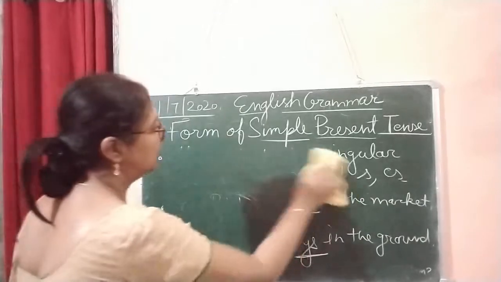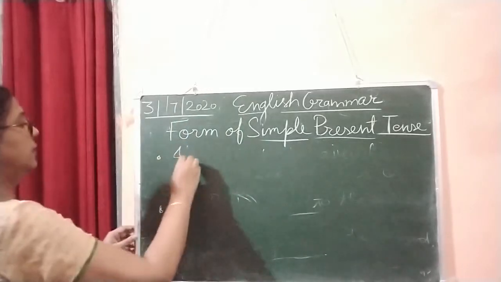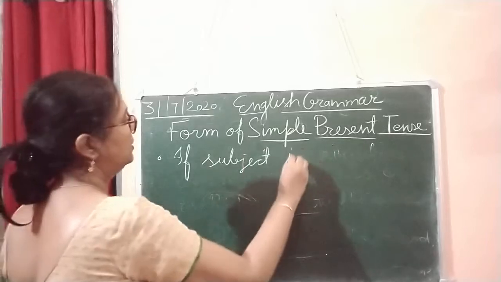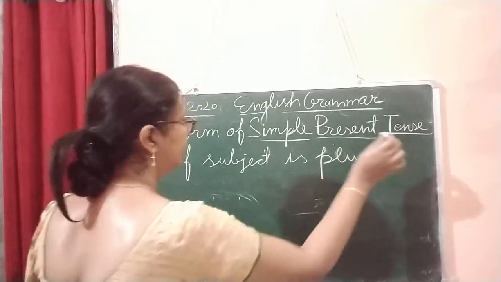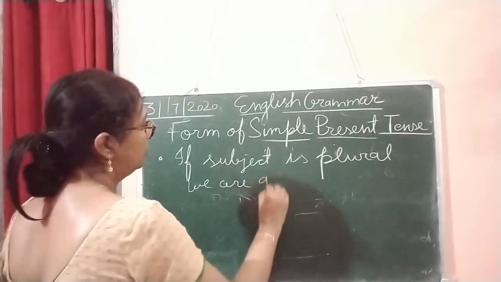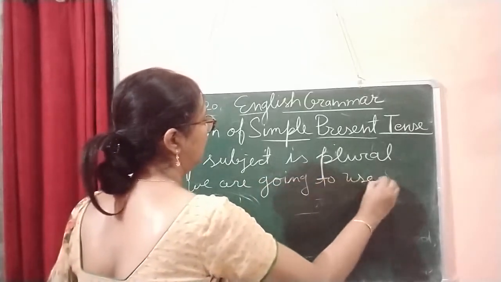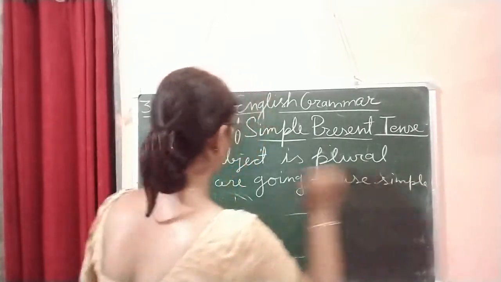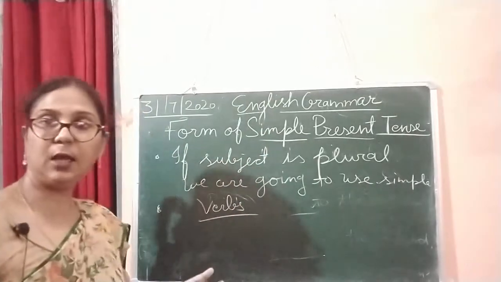The next thing we have to discuss is, if the subject is plural, what are we going to use? We are going to use the simple verb, because we are not going to add anything to it.